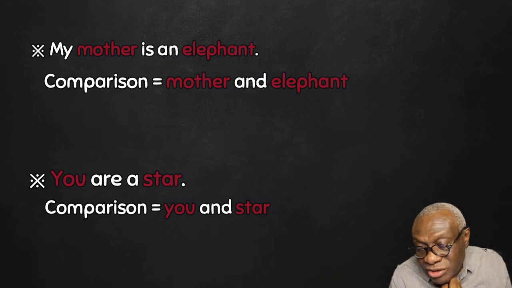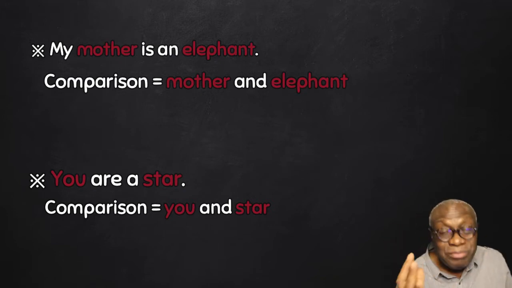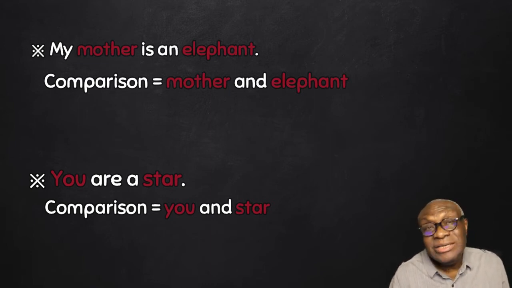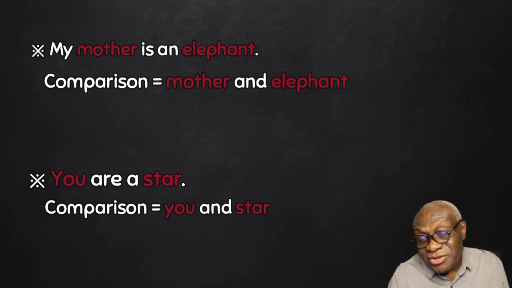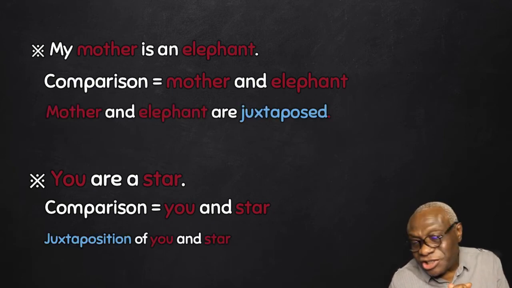Then we saw also you are a star. We were able to visualize star and put the attributes of star against you, so we knew exactly what the teacher was telling you when the teacher said you are a star. Now, once you put these two images together, you are actually using what we call juxtaposition.